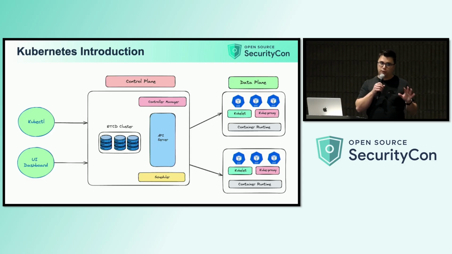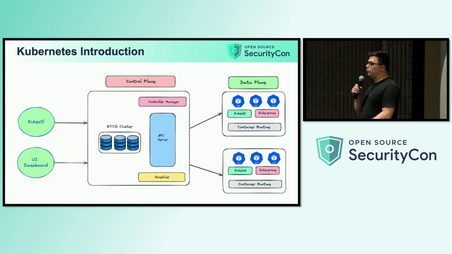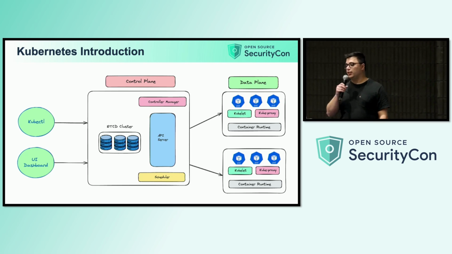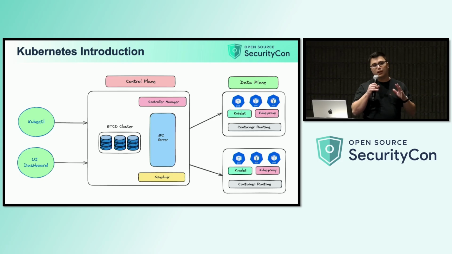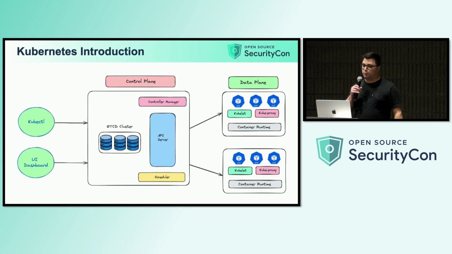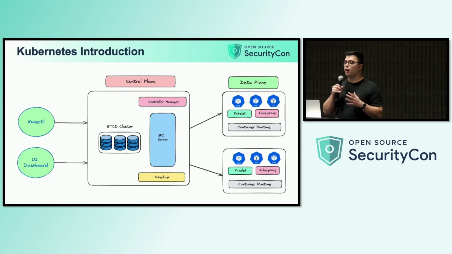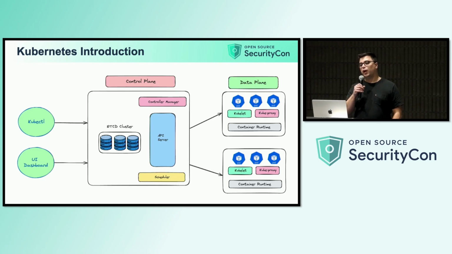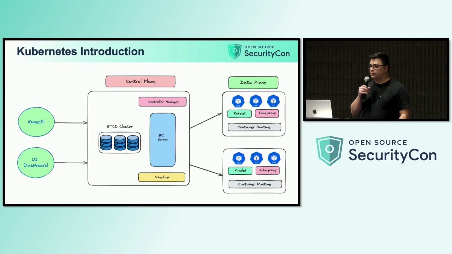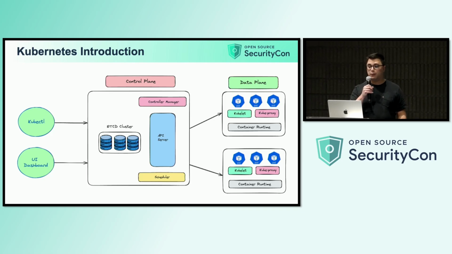Now, I just want to take a few seconds to put everyone up to speed with a quick reminder about the Kubernetes security architecture. What is important to remember, specifically when we speak about security, is that we have two big pieces. The first piece is the control plane, which you can imagine is like the brain of your Kubernetes cluster, where you have some very serious and important key components, such as the API server, which is used for the interaction between the control plane and the data plane.